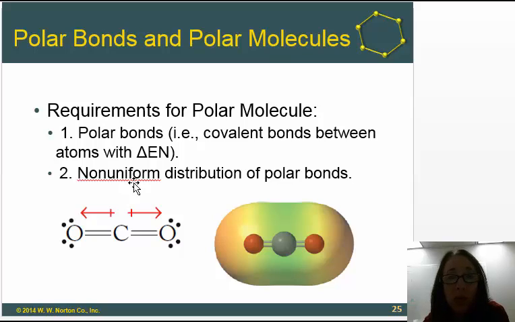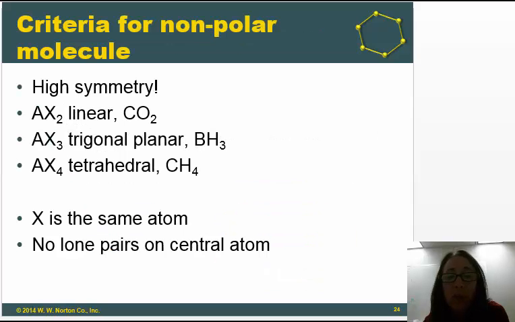It can have some symmetry, but for it to be nonpolar, it has to be highly symmetric. So I find it easier to first determine whether a molecule is nonpolar or not, because if it's not nonpolar, then it has to be polar.